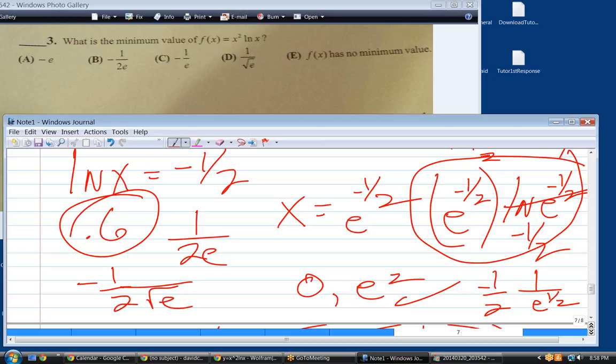See this 2 right here? I was supposed to square it. It's e to the minus 1/2 squared, which becomes e to the minus 1. That's how you end up with an e down there without the square root. Alright. Yeah, f of e to the minus 1/2 is equal to this. I just did my math wrong. Sorry.